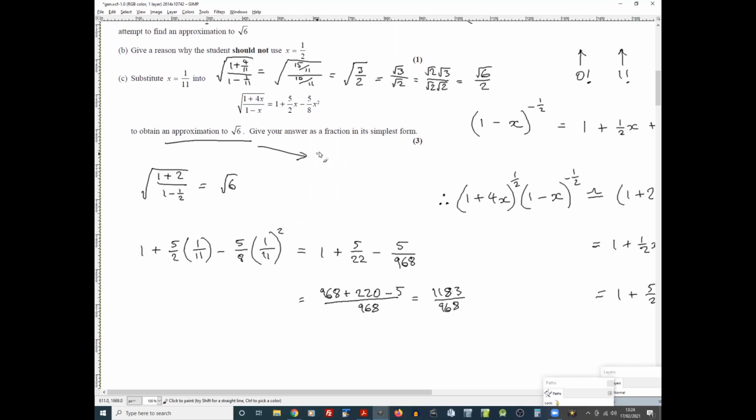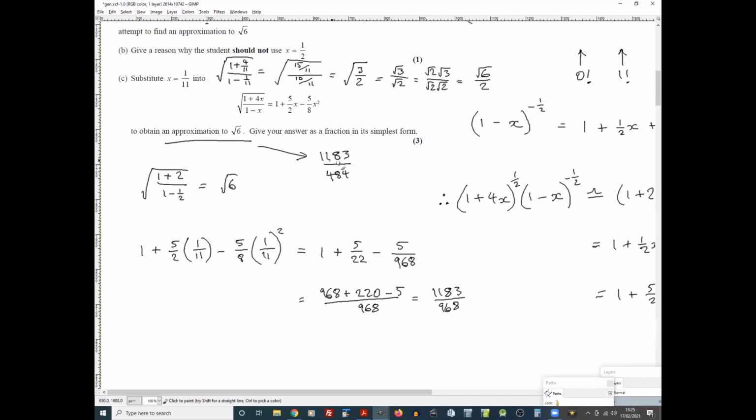So timesing it by 2 by doing what to the denominator? By halving it. Halving the denominator. Good. What on earth is that? 450 plus 34. 180, 484. Good.